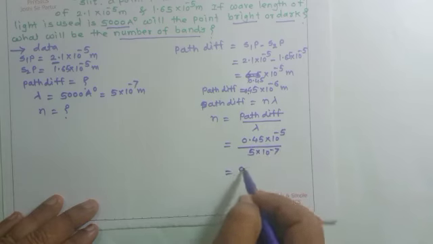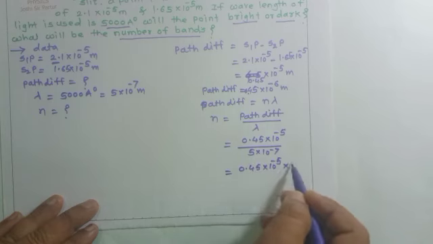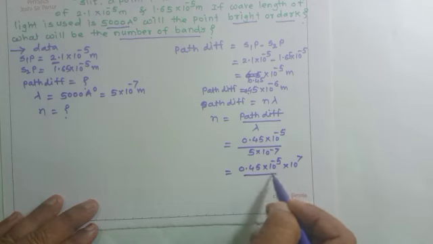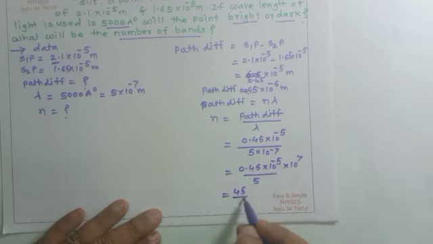So 0.45 into 10 raised to minus 5 into 10 raised to 7 divided by 5. That is 45 divided by 5, which is 9.